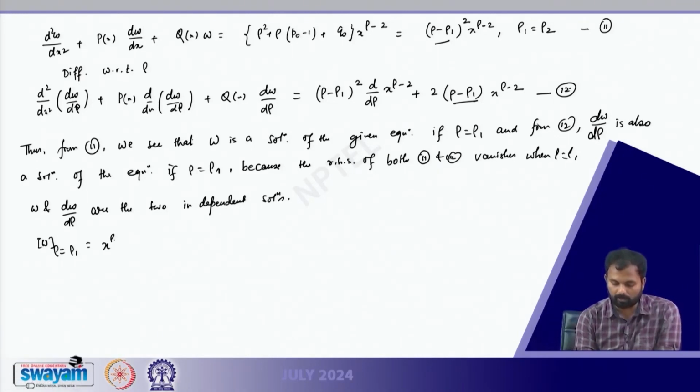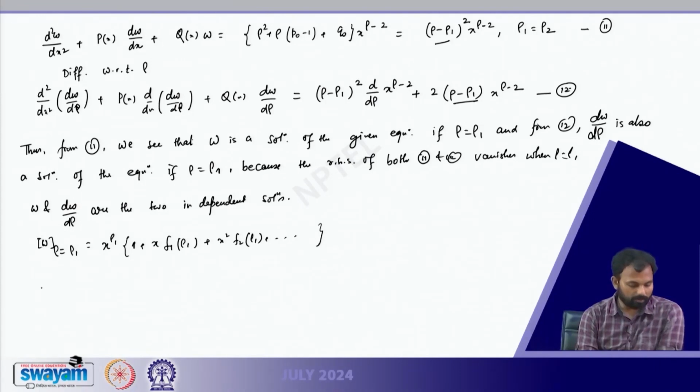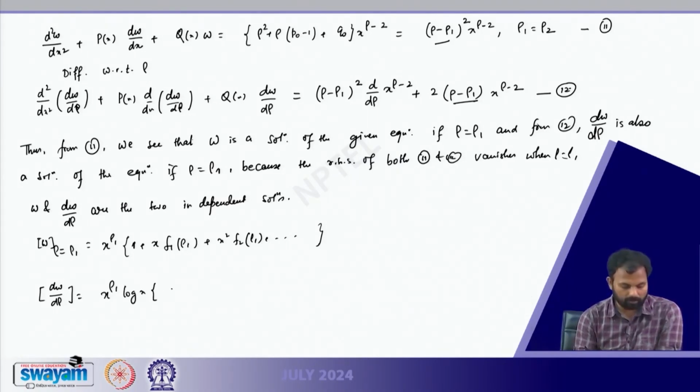So, we can write x to the power rho 1 into 1 plus x times f1 rho 1 plus x square f2 rho 1 plus and so on, and dw by d rho will become x to the power rho 1 log of x into 1 plus x f1 rho 1 plus and so on up to xn fn rho 1, and the rest of the terms whatever we will get.